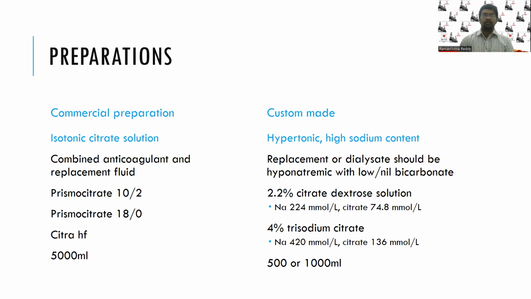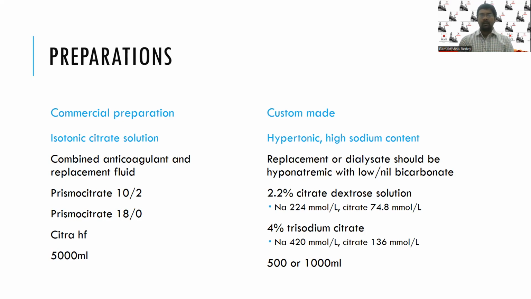Examples include Prismocitrate 10/2, Prismocitrate 18/0, or CitraHF, usually available in 5 liter bag preparation. Whereas hypertonic solutions differ from isotonic in that they have a high sodium content, which makes them hypertonic.